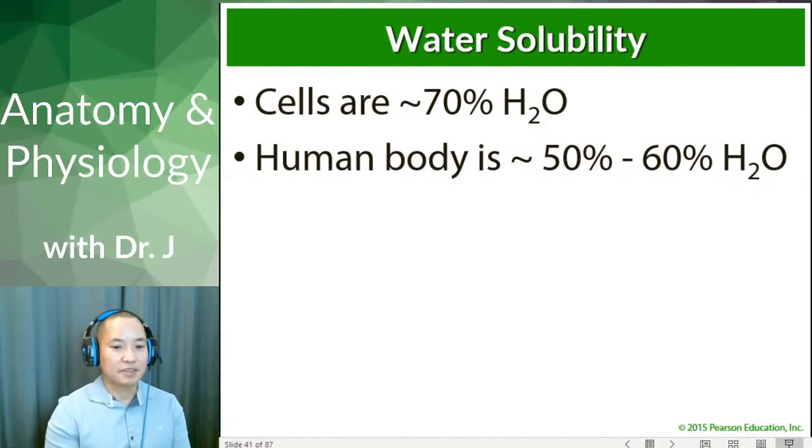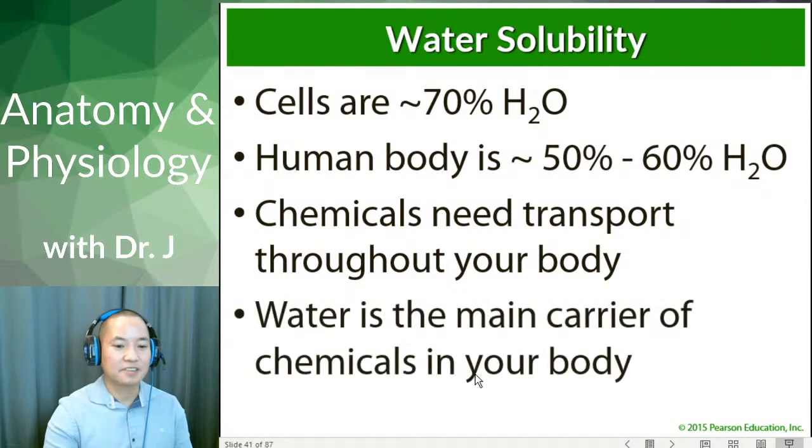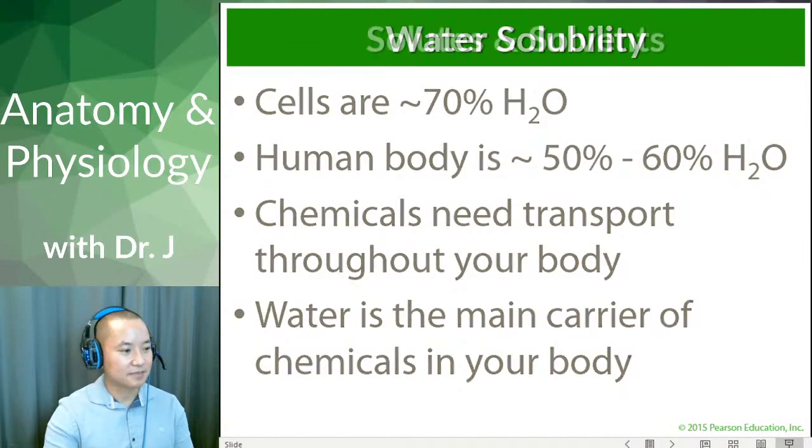The average adult female is about 50% water, and in adult males, about 60% is water, on average. Chemicals need to be transported throughout your body, and water is the main carrier of chemicals in your body. So how do chemicals go from one place to the other? Most of the fluids inside your body are water-based.